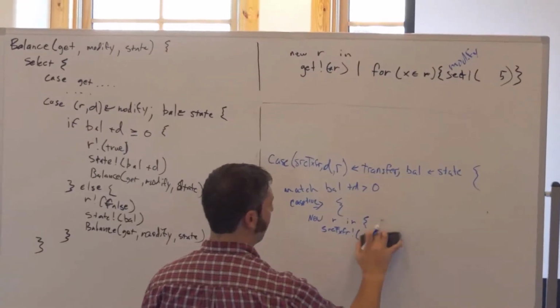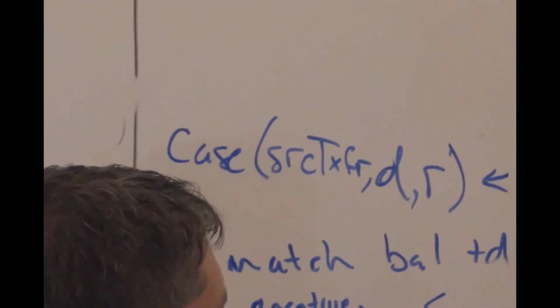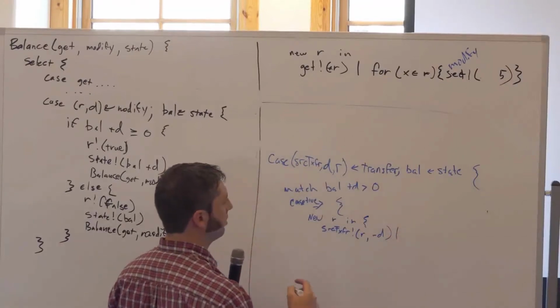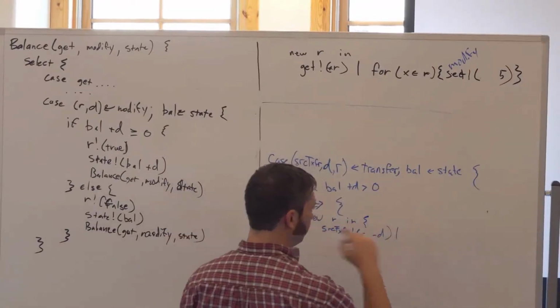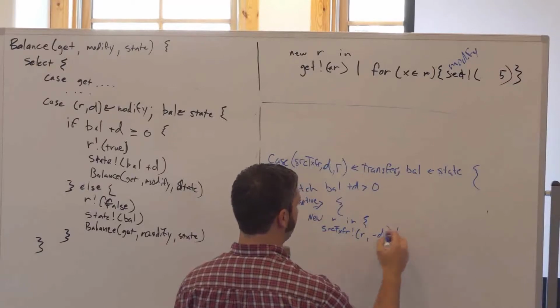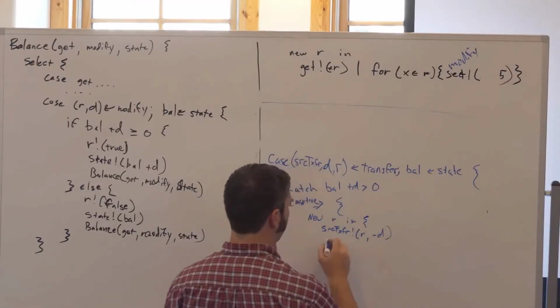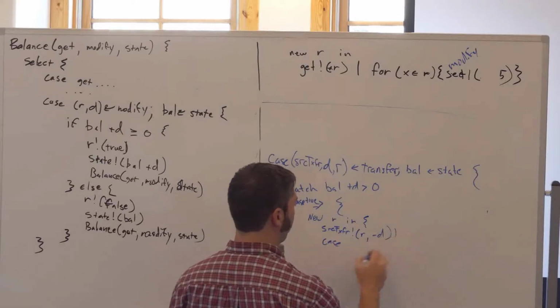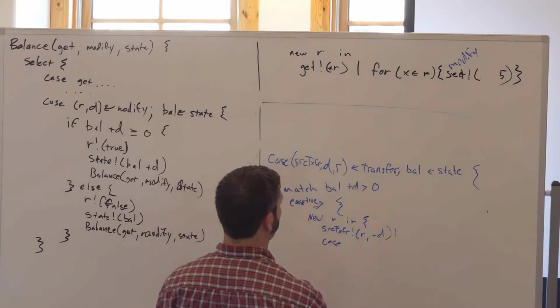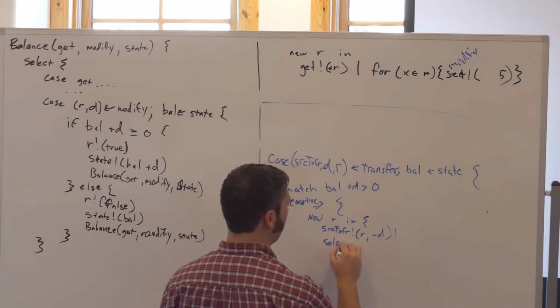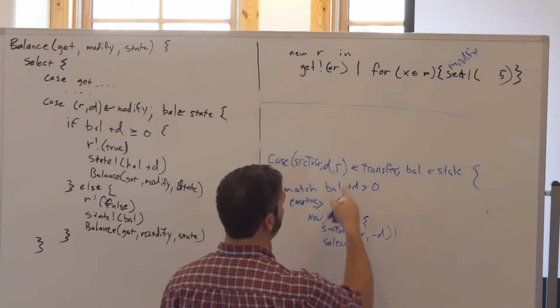Oh yeah. R minus D in parallel with... in parallel. Are you sure you want R to be the return channel again? It's a new R. Good one.